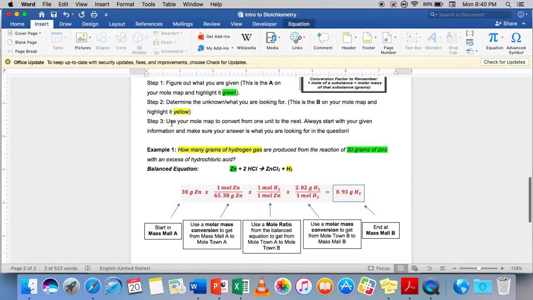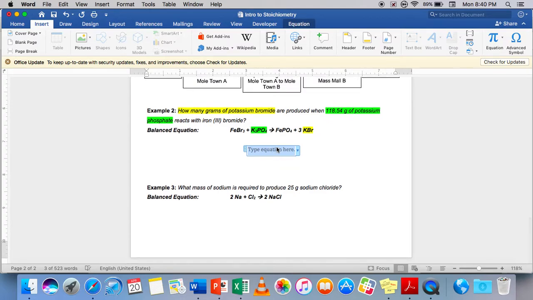Step 3 says use your mole map to convert from one unit to the next. Always start with your given. So what we were given was 118.54 grams. That is my given, and then I'm going to have my first conversion factor. I'm starting with a mass and I'm ending with a mass, so it's the same setup as the first problem.